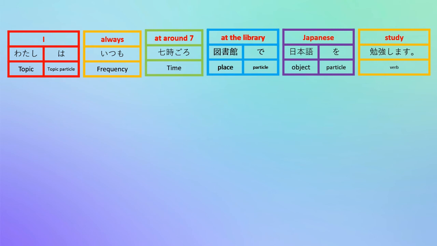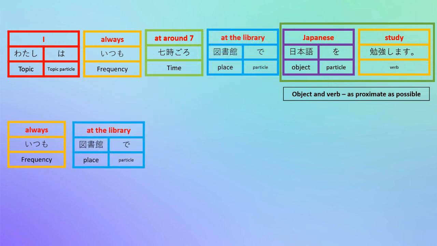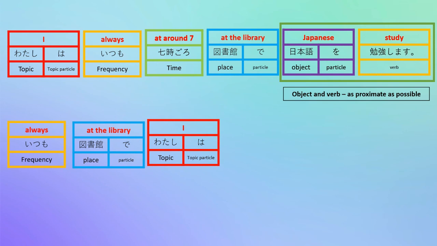Okay, let's rearrange this. For example, itsumo. So we can put the frequency first, and then toshokan de, the place next, and then the topic, watashi wa, and then the time, shichiji goro, at around 7.